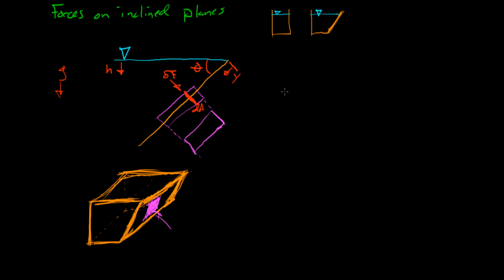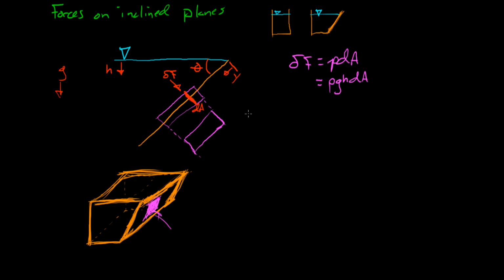We could write, which we've done before, that the differential force is equal to the pressure times the differential area. And we know, because we've done it 1,000 times now, that the pressure is equal to rho g h, where we defined h as this extra coordinate moving down from the surface.